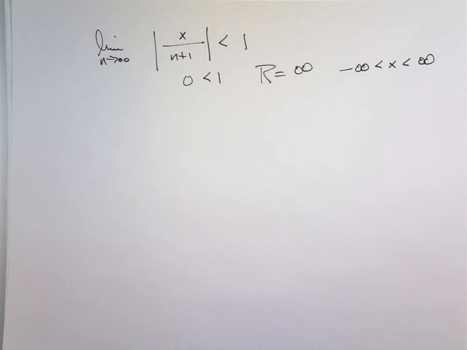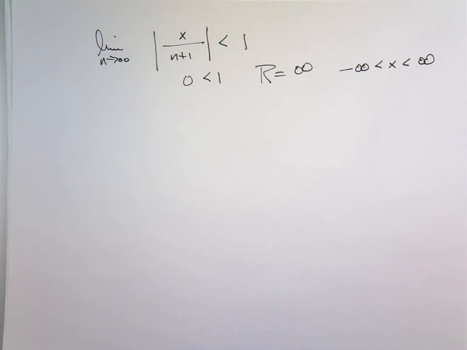See, the radius of convergence is either 0, in other words, you're adding up an infinite number of x's that are all zeros, or the radius of convergence is some real number, and that's going to happen in the next one, okay? Some real number, or the radius of convergence is infinite, and that's what happens here.